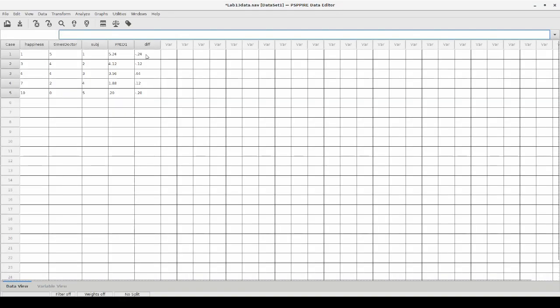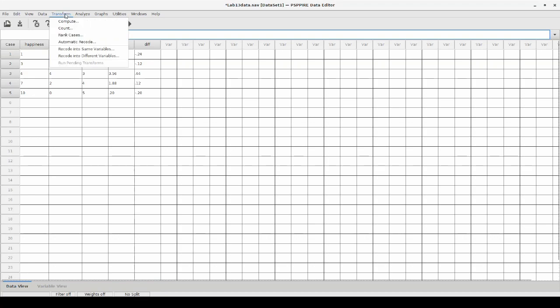So here we see that we have a difference of minus 2.4. There was an error of negative 2.24. Whereas here we have a large increase. So this one was above our line, whereas these ones were below the line. So 3 below the line, 2 above the line, which if we look back at our graph, that's exactly what we have. We have 3 points that were below the line and 2 points that were above the line.